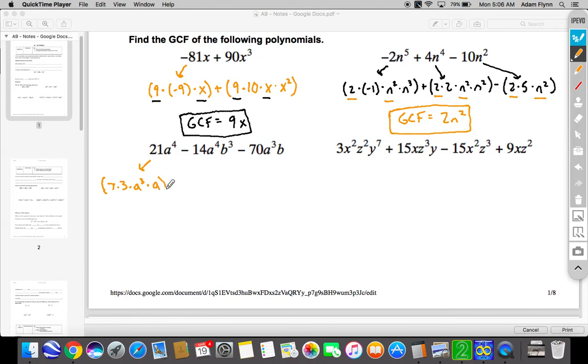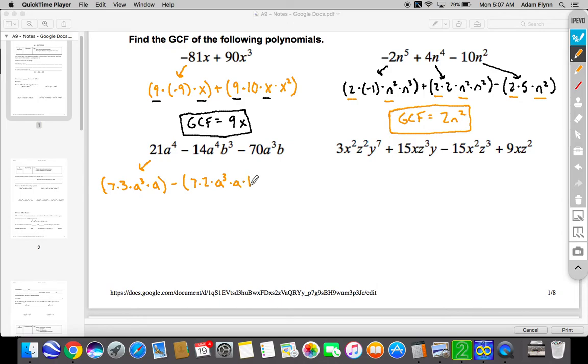So a cubed times a, minus 7 times 2 times a cubed times a, and same thing, I'll take a look at my b's to see if all three terms are divisible by b. 21a to the fourth is not divisible by b, so it will not be a part of my greatest common factor.